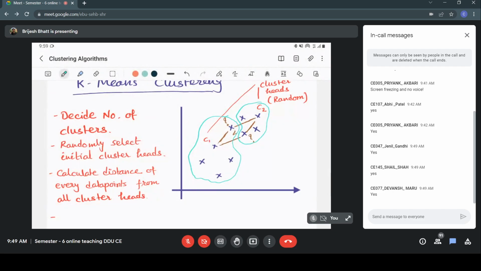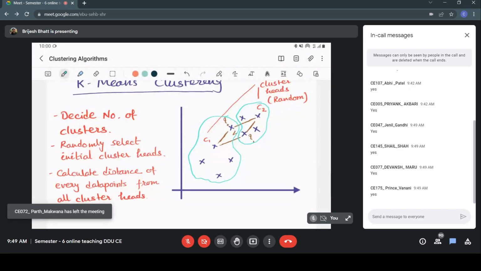Is this clear? Okay, so if this is clear, then we can do a bit more detailed analysis.